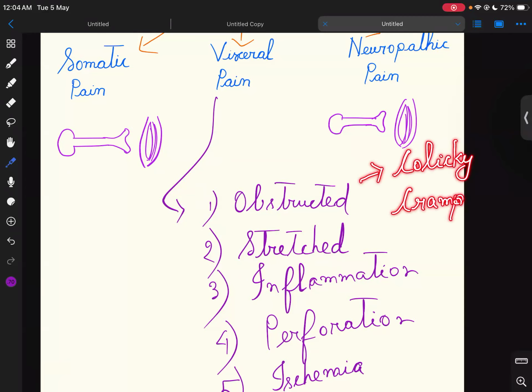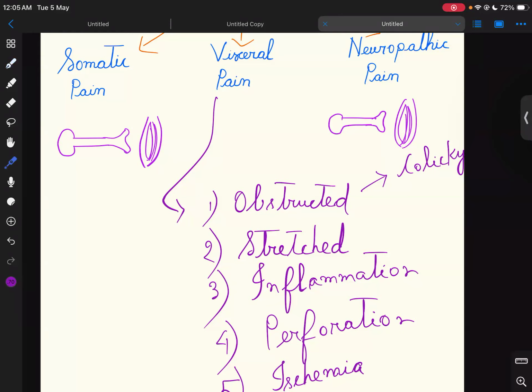Whenever anyone is having a ureteric stone, this will cause colicky pain. Whenever anyone is having intestinal obstruction, this will cause colicky pain. And in order to have colicky pain, the viscera has to have some lumen inside it. Is it clear to all, doctors? Am I being able to make it understood?